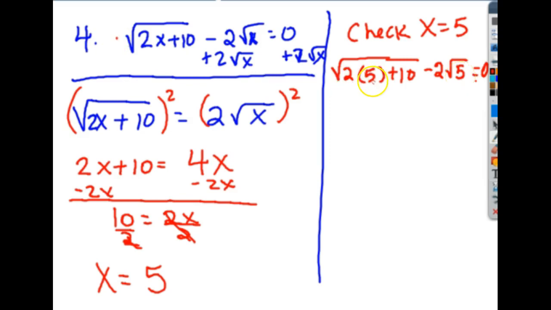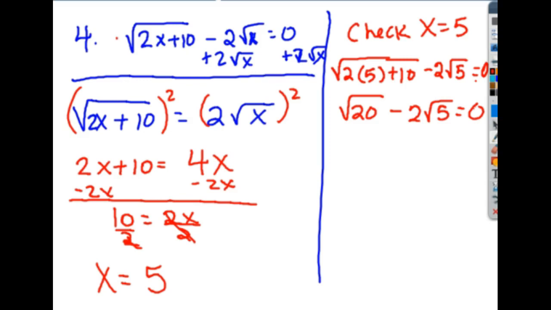And so this would be the square root of 10 plus 10 minus 2 square roots of 5. Is that true? Is the square root of 20 minus 2 square roots of 5 equal to 0?